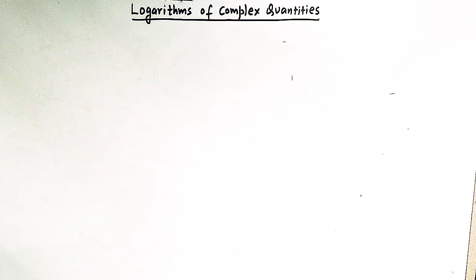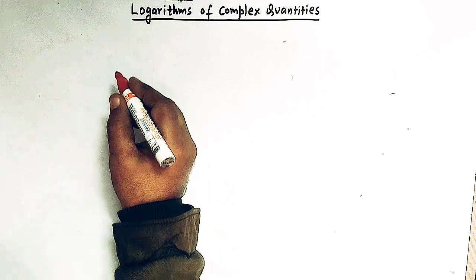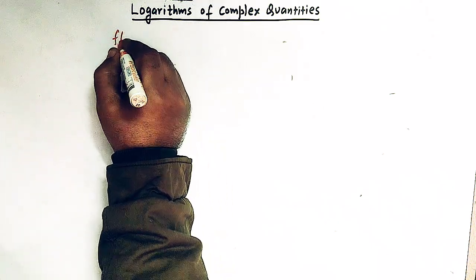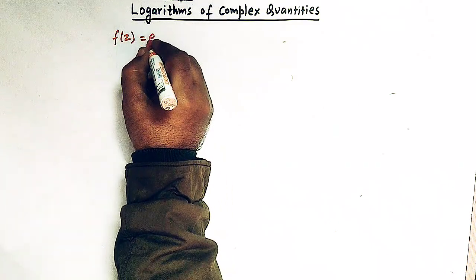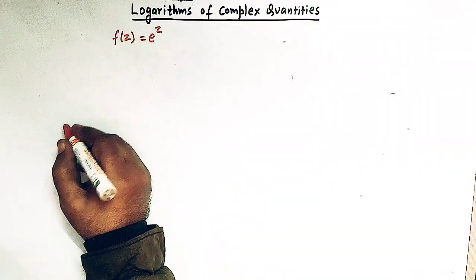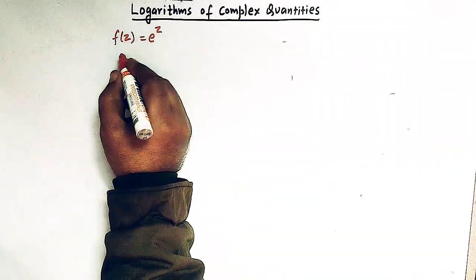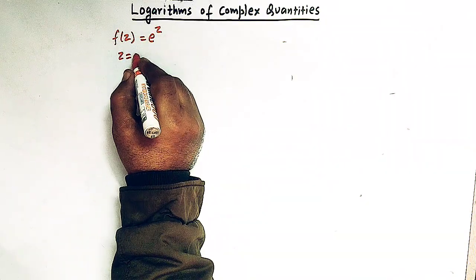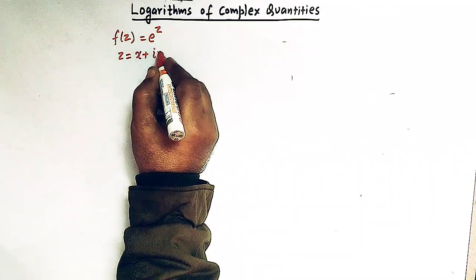So let us start with the function f of z equal to e raised to z, where this z is a complex number, say z is equal to x plus iota y.